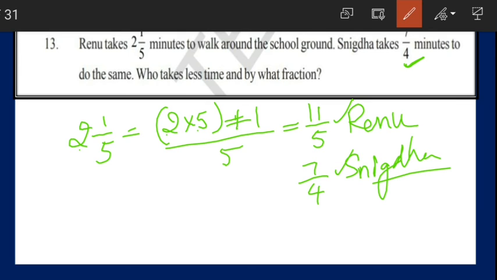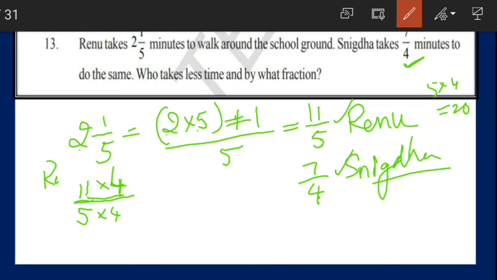To compare them, first convert them into like fractions, then compare them. This is Renu's time, and this is 7 by 4. 5 and 4 have no common factor, so LCM becomes 5 into 4, that is 20. So for 5, you have to multiply with 4.